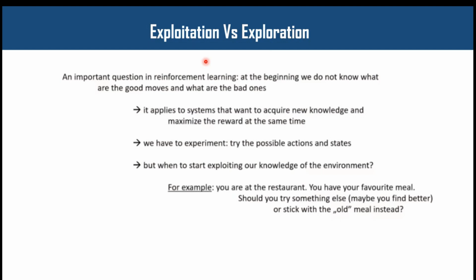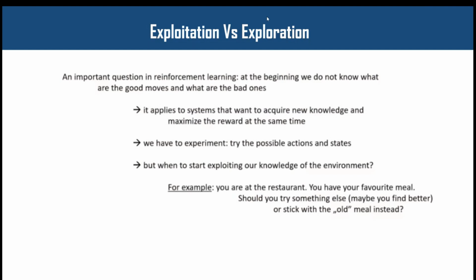That's why we have to keep some percentage for exploration. Even though you know the way very well, you have to learn new things also because it may be the best. So that's why we need to fix some exploitation and exploration balance in reinforcement learning for better learning. That's the concept behind exploitation versus exploration.